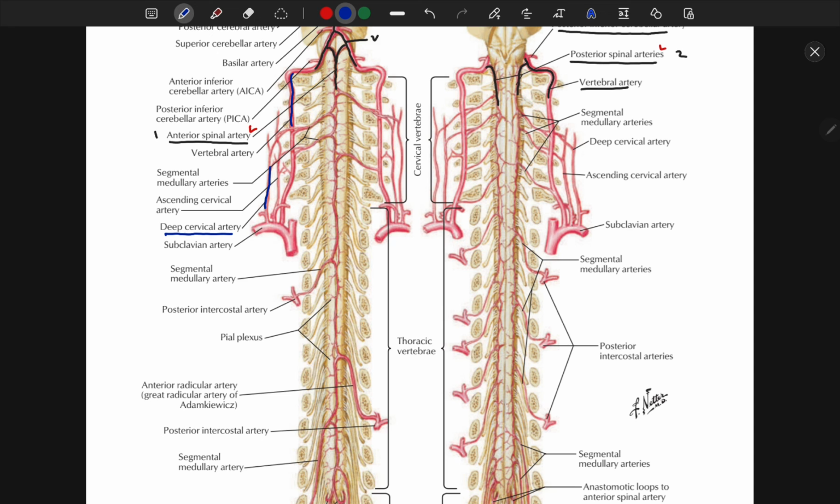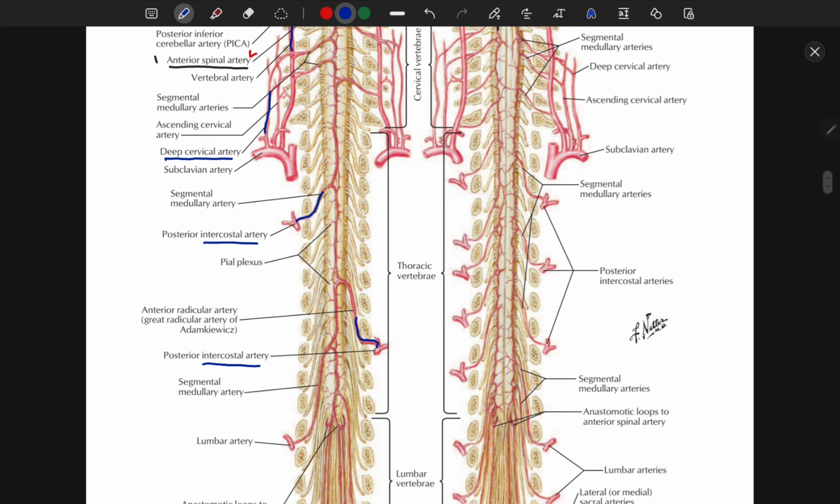Now the intercostal arteries, here you can see the intercostal arteries, they can also provide segmental arteries. Then the lumbar arteries can also provide segmental arteries.